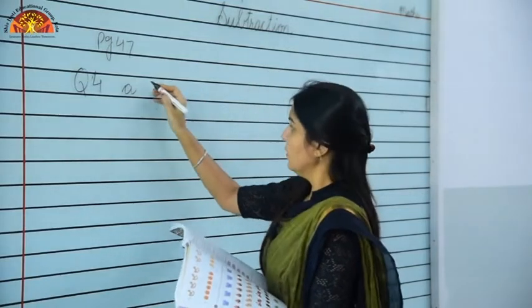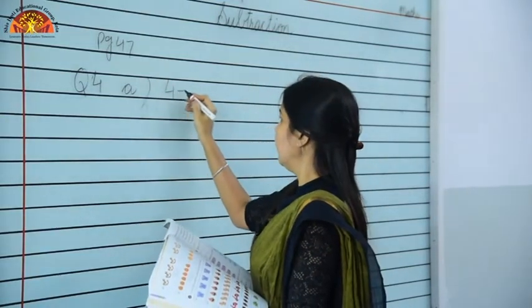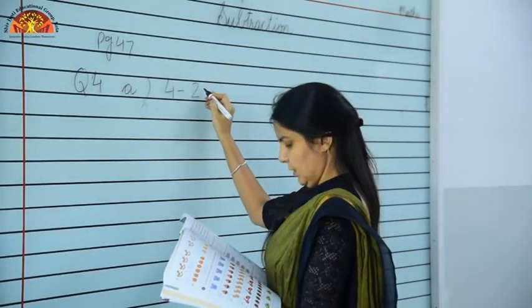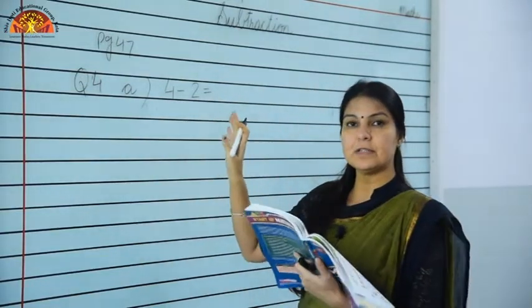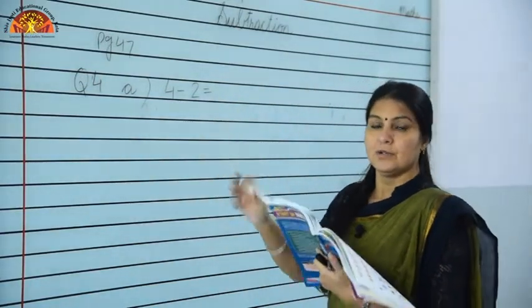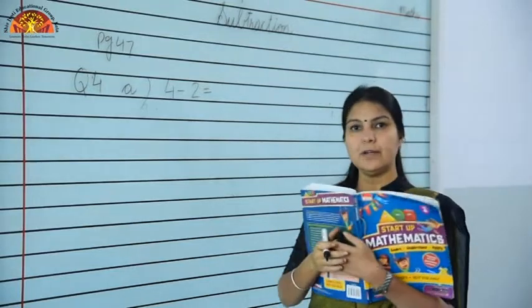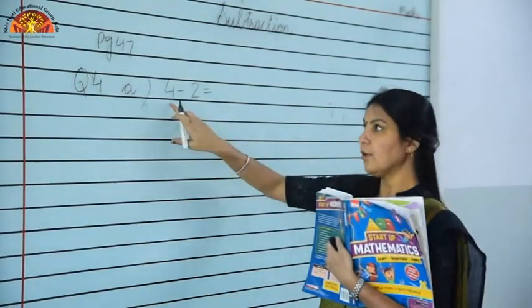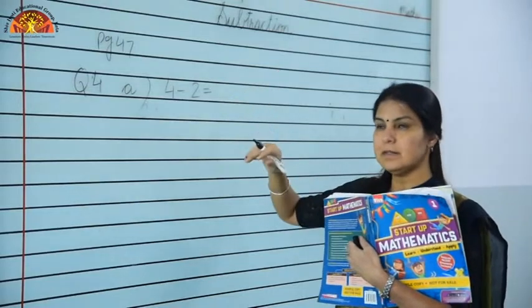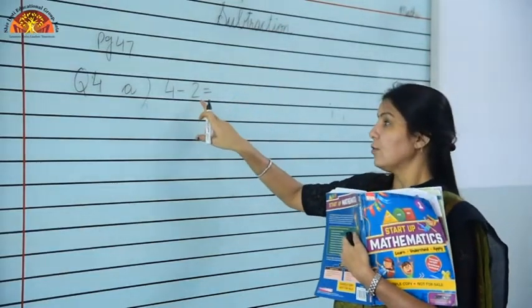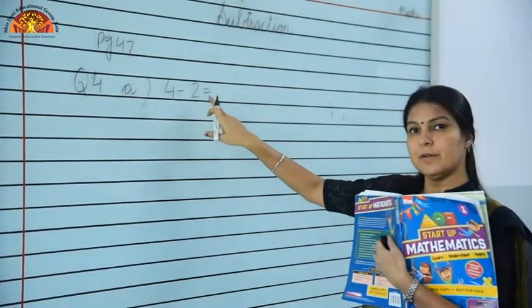Numbers are 4 minus 2 equal to. Children, here you have to find out what will come when we subtract 2 from 4. So you can count these numbers on your finger. First of all, you will count the bigger number on your finger, then start folding the remaining fingers. Now start closing the smallest number which is given here.